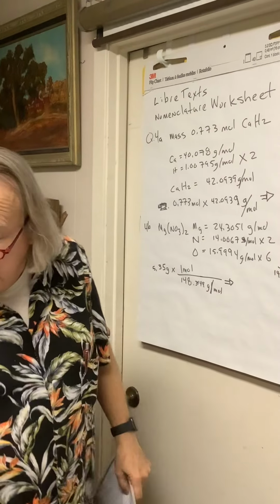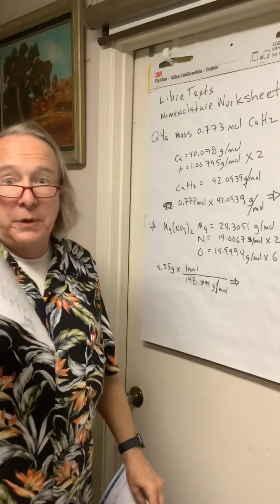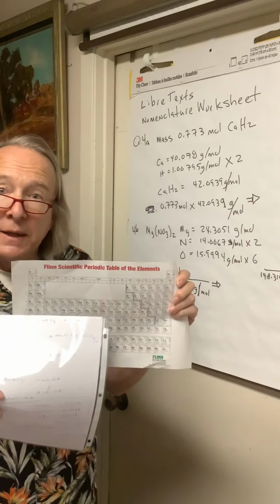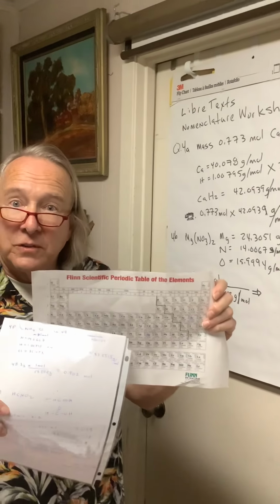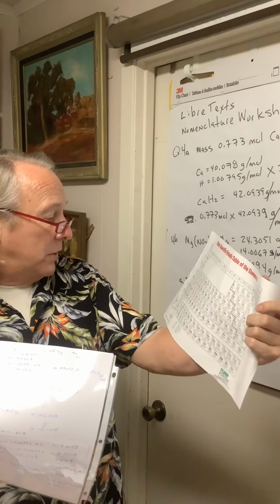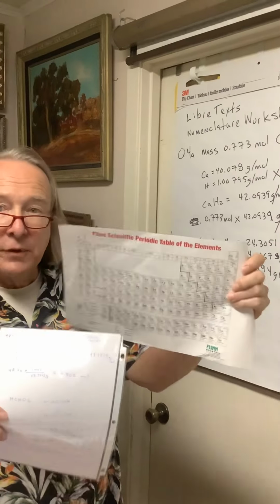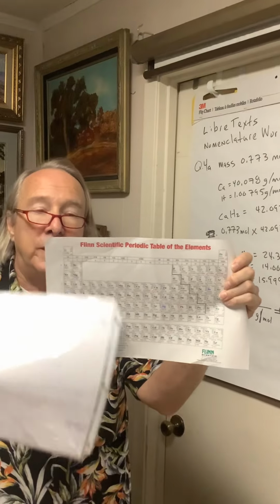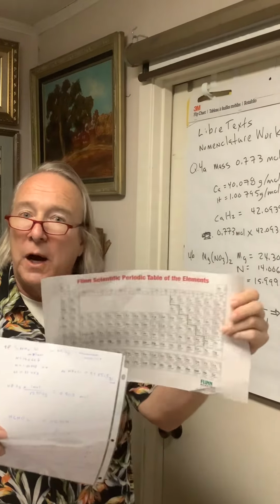If you look in a standard periodic table at those atomic, elemental weights, in this one they are called average atomic mass. It's the big red number in your Flynn periodic table and the one up on the board.